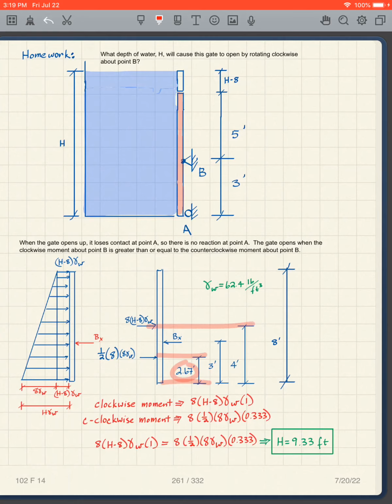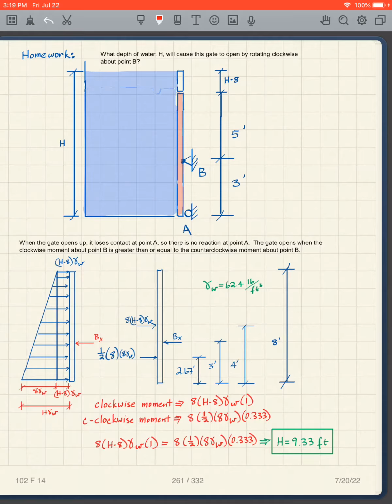The rectangle force acts 1/2 up, which is 4. The point B X is at 3.